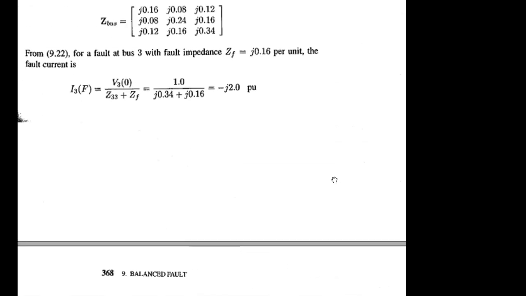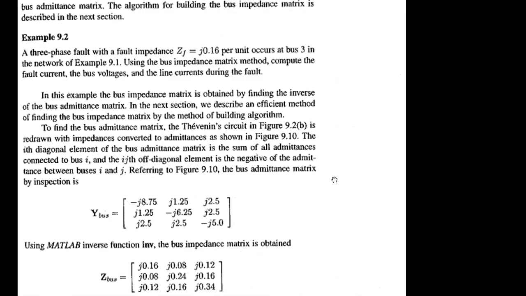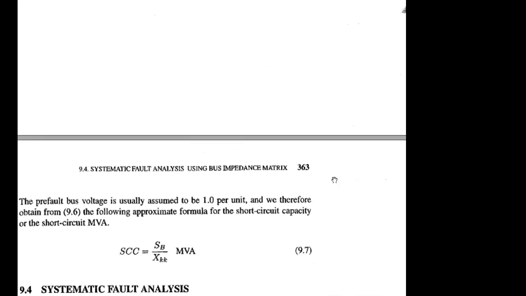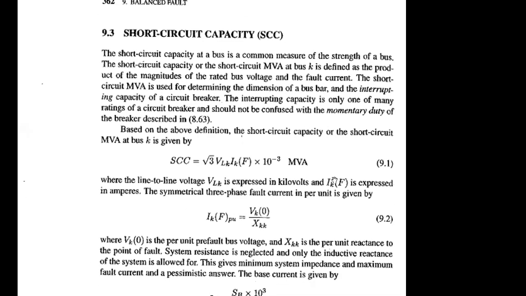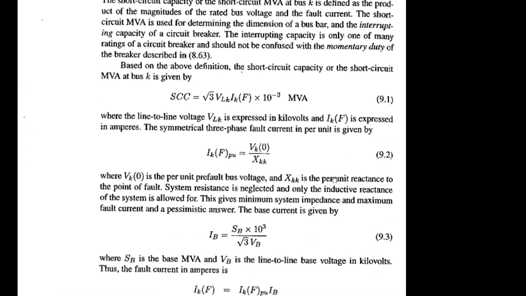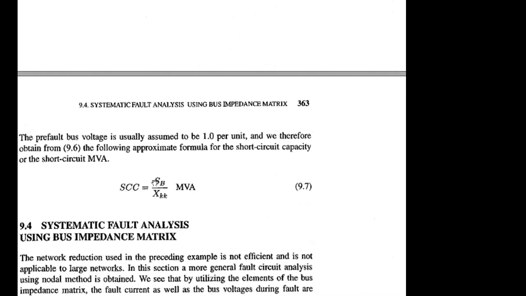And beside that, you have another aspect, covered already, I think, by your lab course: short circuit capacity for three-phase. Actually, the idea is you have to apply this short circuit formula for capacity over admittance or impedance.